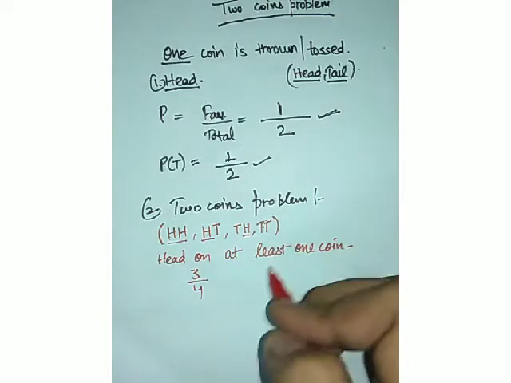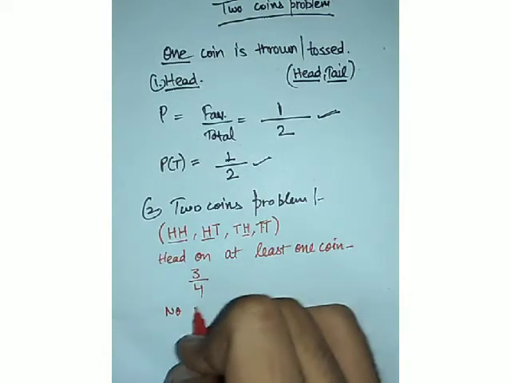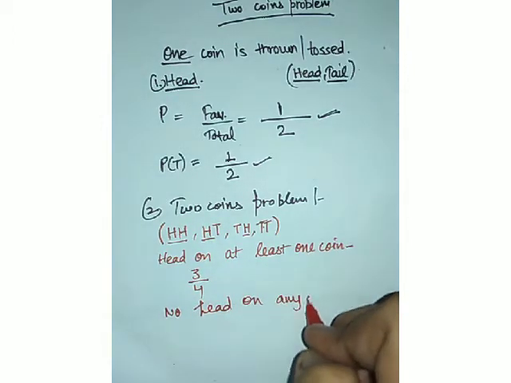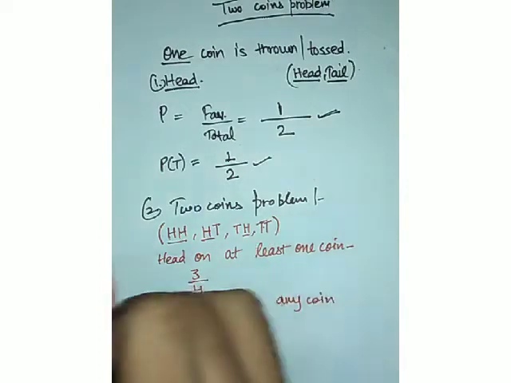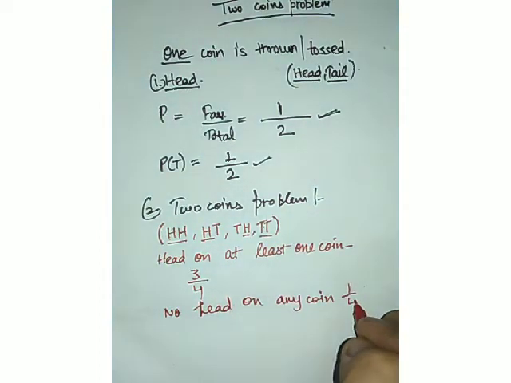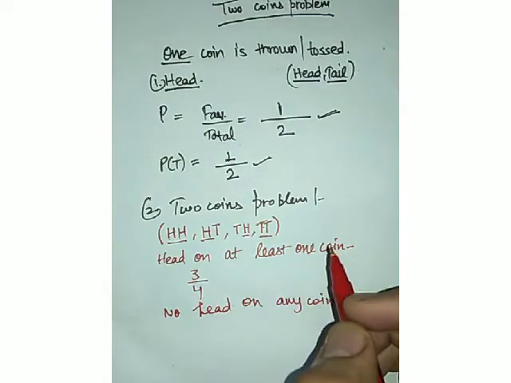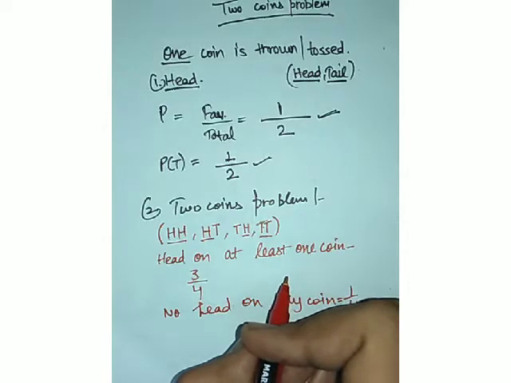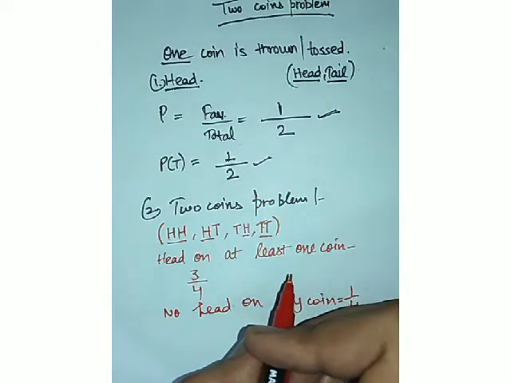Apart from that, sometimes there is no head on any coin. So these three will be excluded and this one will be counted, and 1 upon 4 will be its probability. So in this way you just have to think very carefully about what kind of outcome the statement is talking about and what kind of case it is asking us to do.